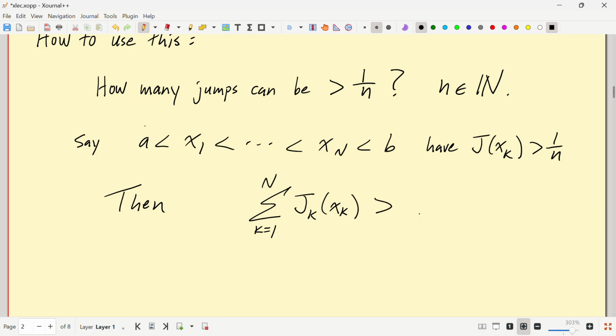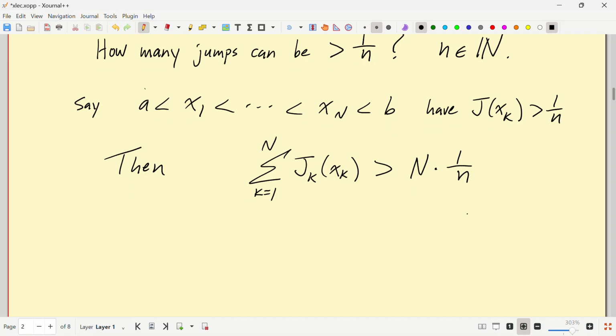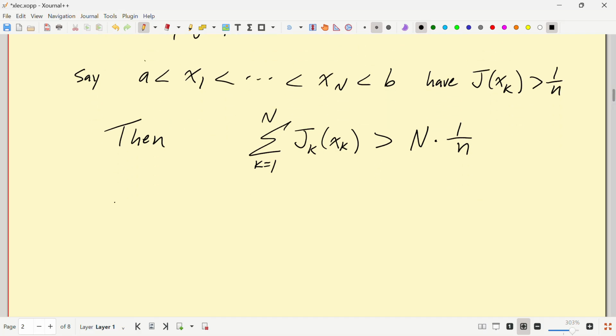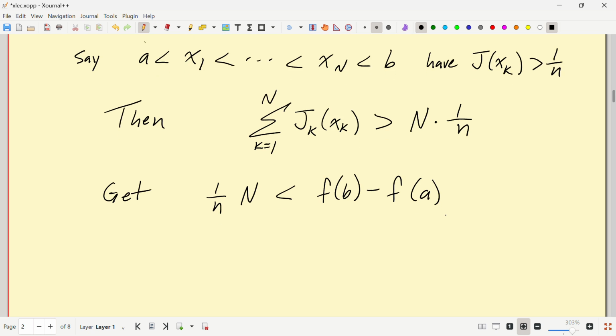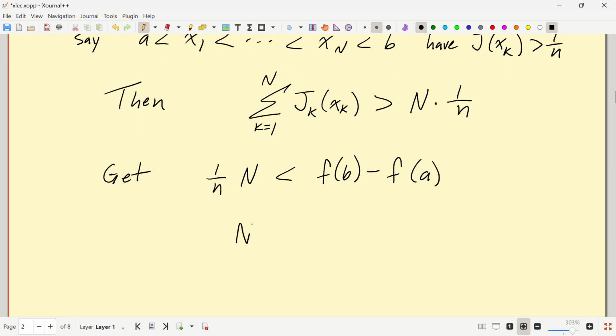So that would be greater than n times 1 over n. And we know that that thing on the left is less than or equal to f of b, so we get 1 over n times capital N is strictly less than f of b minus f of a. And so the number N has to be less than n times that.